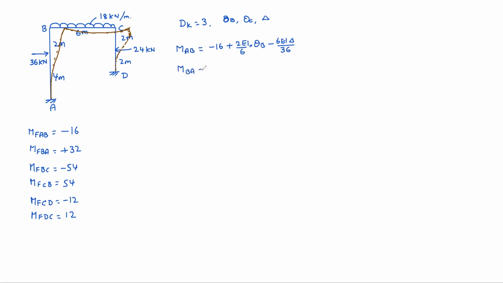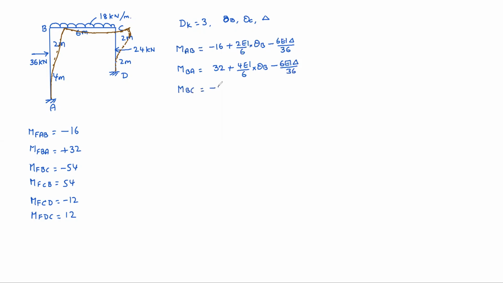MBA equals MFBA, that is 32, plus 2EI by L into theta A, anyway theta A is 0, so 4EI by L into theta B minus 6EI delta by 36. That is MBA.